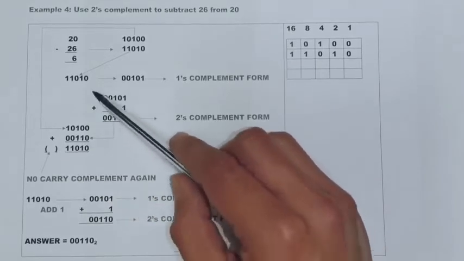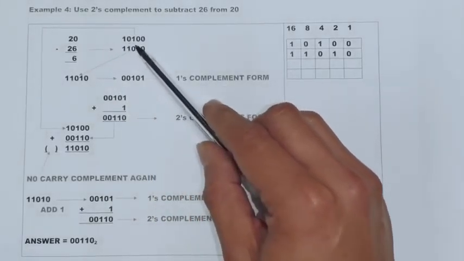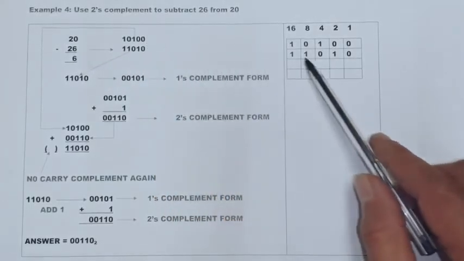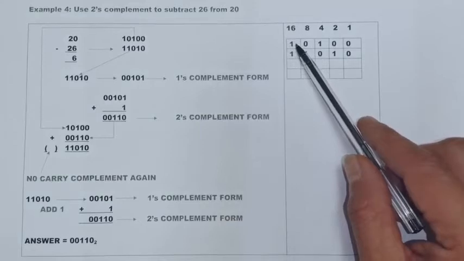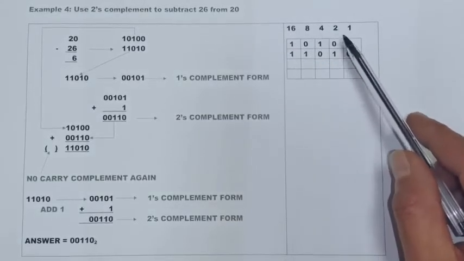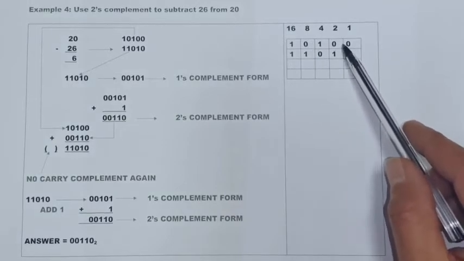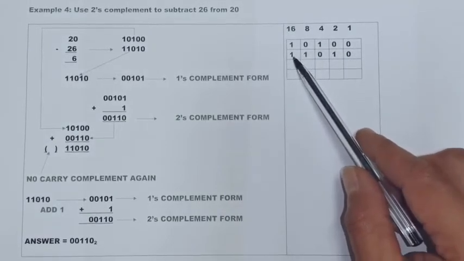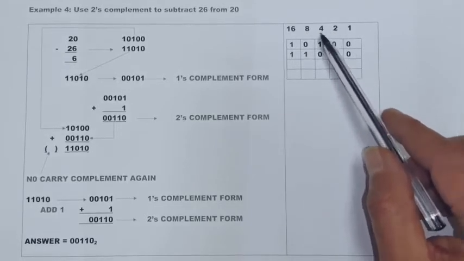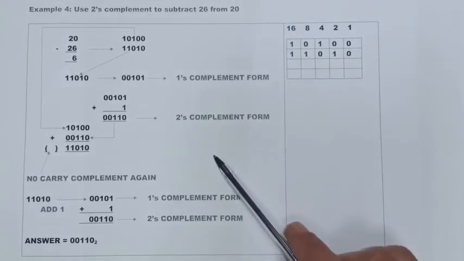Right, so the first thing that you do is convert these decimal numbers to its binary equivalent by using the code. And if we put 20 into the code system, we're going to use 16, we're going to use 4, and the rest will be zeros. For 26, it will be 16, we will use 8, and we will use 2, which will give us 26.